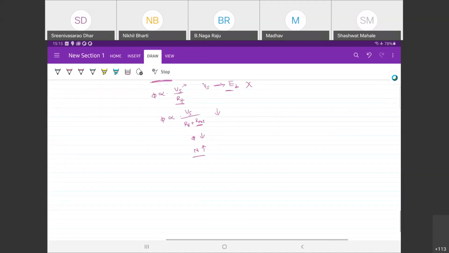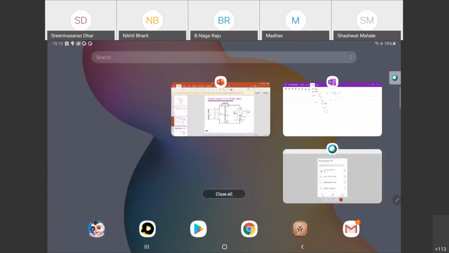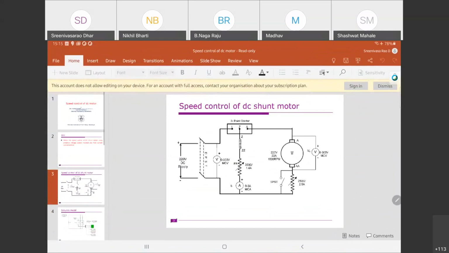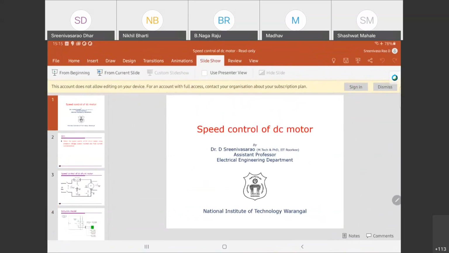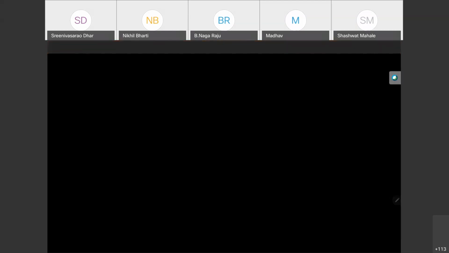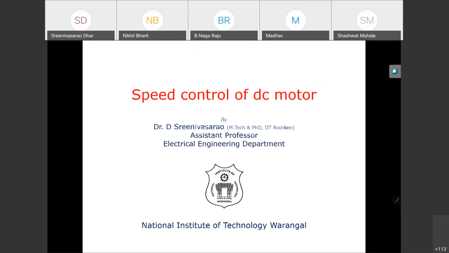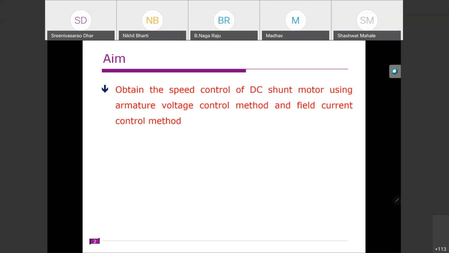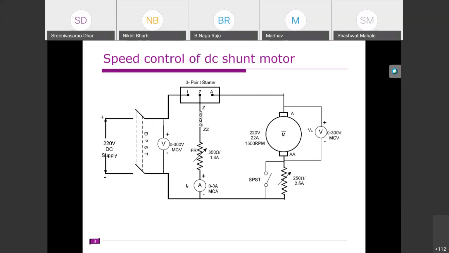So with all these basics, we'll go to our actual discussion. Our objective is this one. This is how we will control the speed experimentally. We have a 220 volt supply.